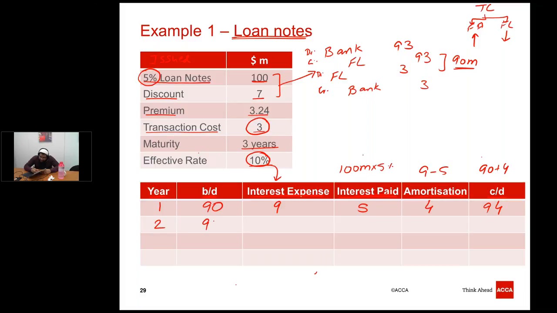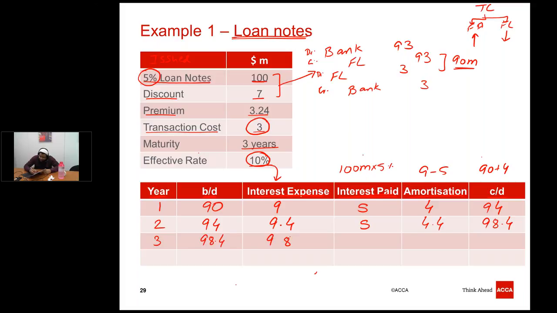Now in the second year, this 94 will result in an interest expense of 9.4. The amount paid is 5, the amortization is 4.4, and the carried down is 98.4. And in year 3, the last year, 98.4 is the brought down.